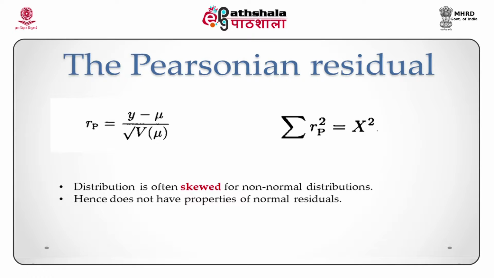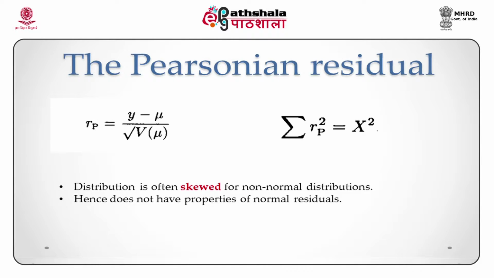The first is the Pearsonian residual. So Pearsonian, you know, refers to the Pearsonian chi-square, and it is a summary measure of observed minus fitted. Similarly, the Pearsonian residual has for its numerator y minus mu hat, which is observed minus fitted.